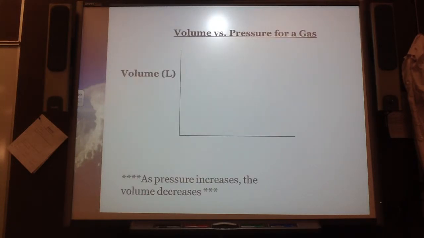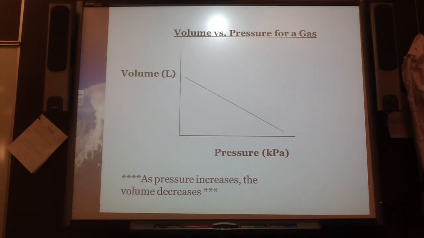So when we look at volume versus pressure, on your graph on the y-axis, write volume in liters. And your x-axis is pressure in kPa. Now, as pressure increases, the volume decreases.